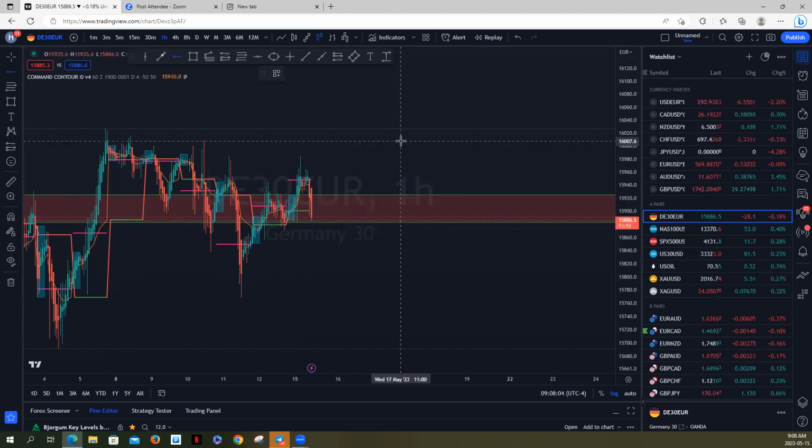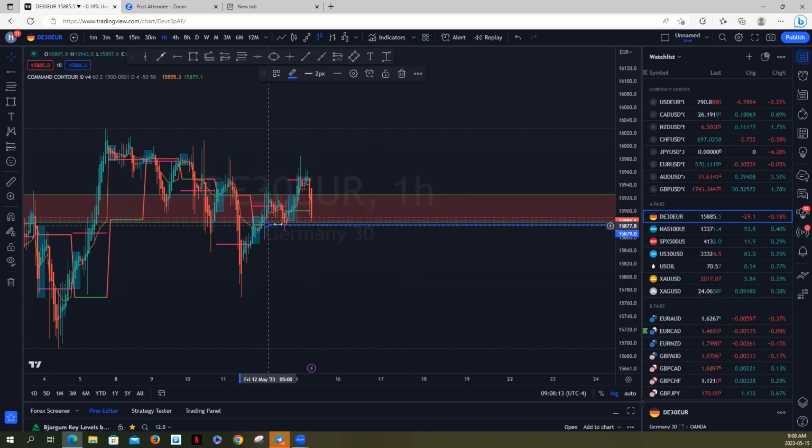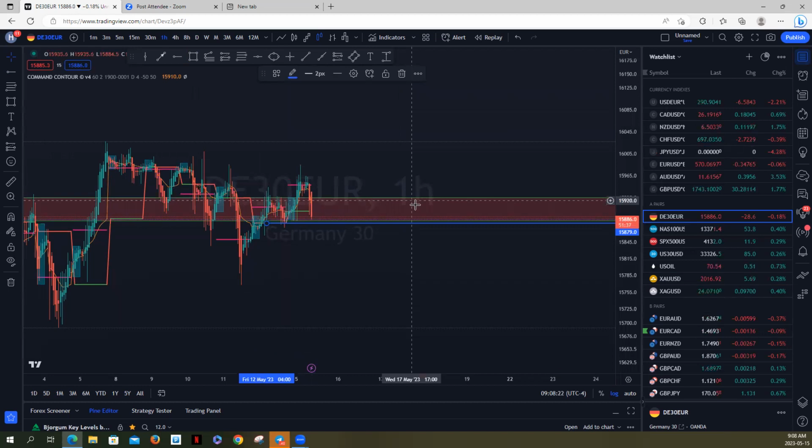So here's something very interesting. We have the ZAP zone here. When the ZAP zone and the command contour are very close to each other, I just include the command contour level before I do anything.